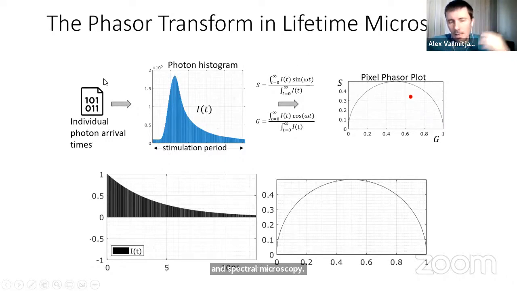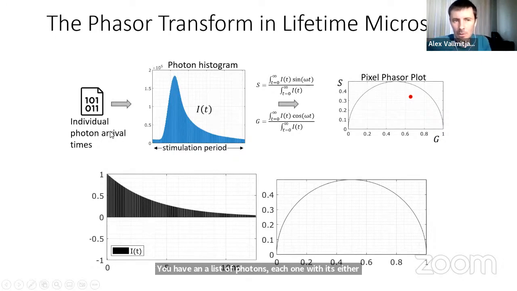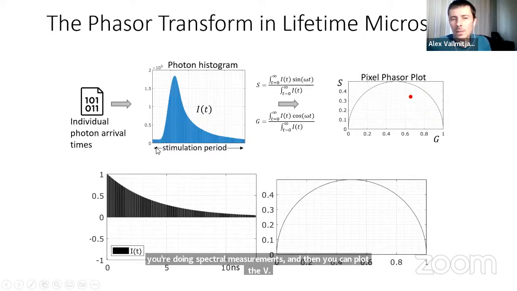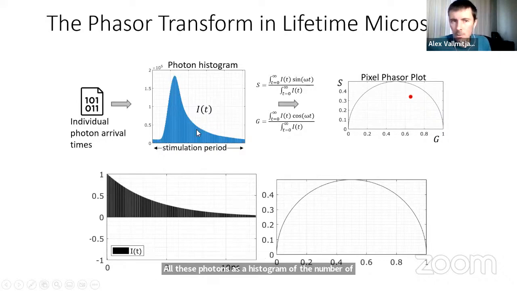You have a list of photons, each one with its time of arrival if you're doing lifetime, or its spectral wavelength if you're doing spectral measurements. And then you can plot all these photons as a histogram of the number of photons you have for each arrival time in this case, or wavelength.